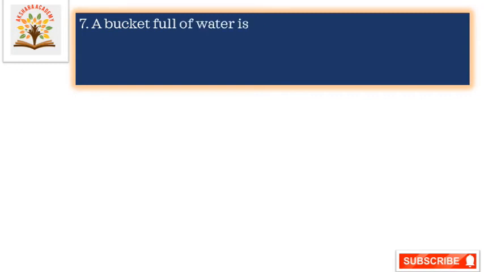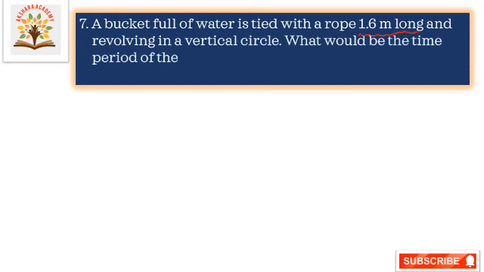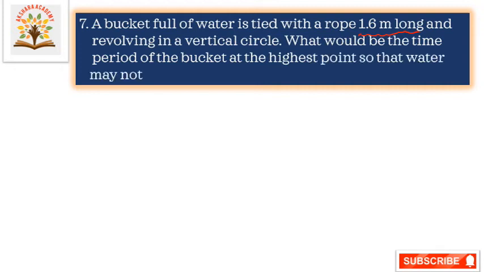A bucket full of water is tied with a rope 1.6 meters long and revolving in a vertical circle. What would be the time period of the bucket at the highest point so that water may not fall? Here we have to calculate the time period of the bucket at the highest point.